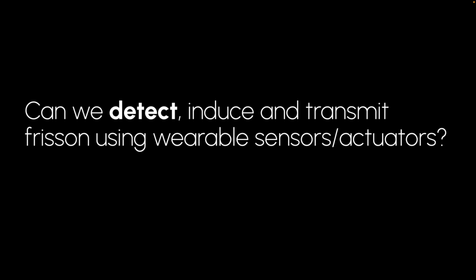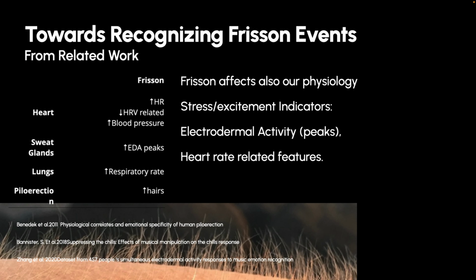And then we first evaluated also if we can detect frisson. Quite quickly, I just wanted to glance over that. What we figured out is we can use the same sensing as we did for the Boiling Mind. Actually, related work also uses electrodermal activity, also uses heart rate related features.